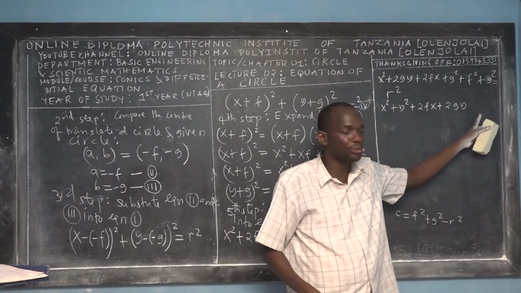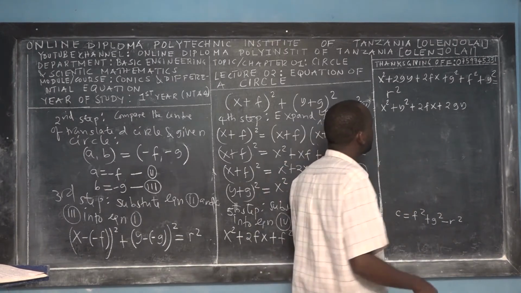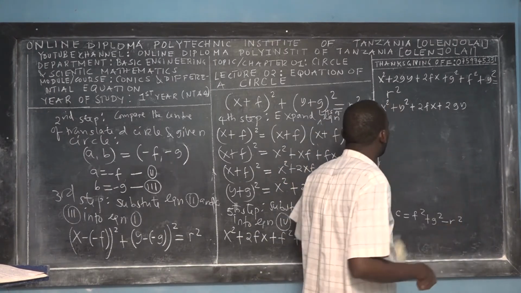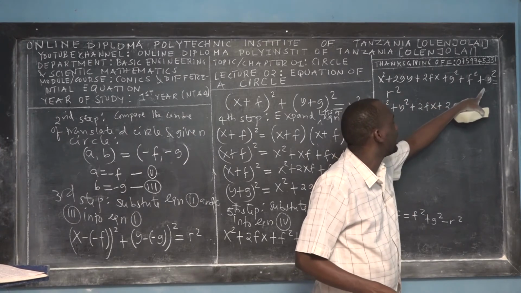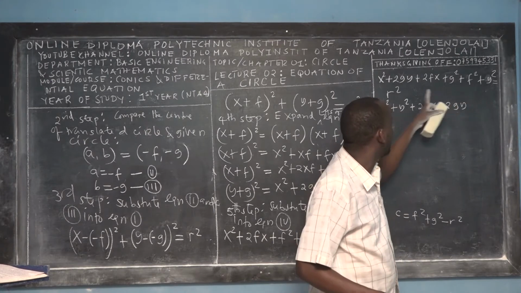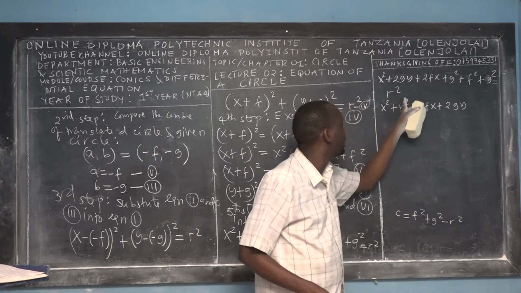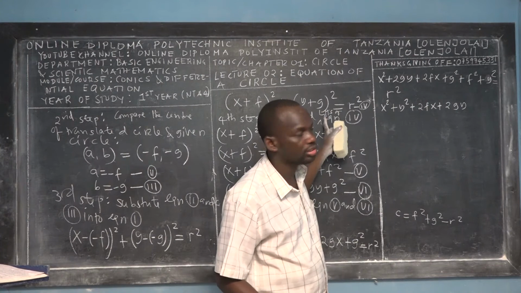Okay? And then because we have this equation and we are missing, what are we lacking in the given final equation? It is c. So to introduce c, we are not going to make x squared, 2gy, 2fx plus y squared the subject. No. We are going to bring this r squared to the left hand side of the equation.